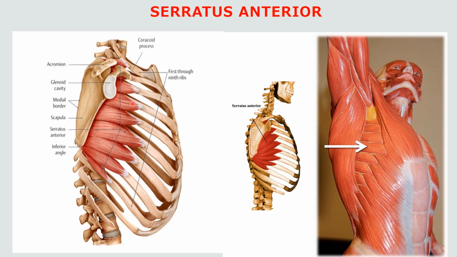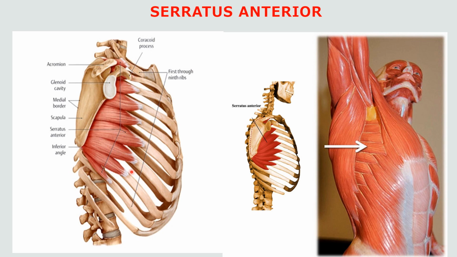I repeat, the muscle arises in front by 8 fleshy digitations from the outer surface and upper border of the upper 8 ribs, and from the fascia covering the intervening intercostal spaces, the intercostal muscles.